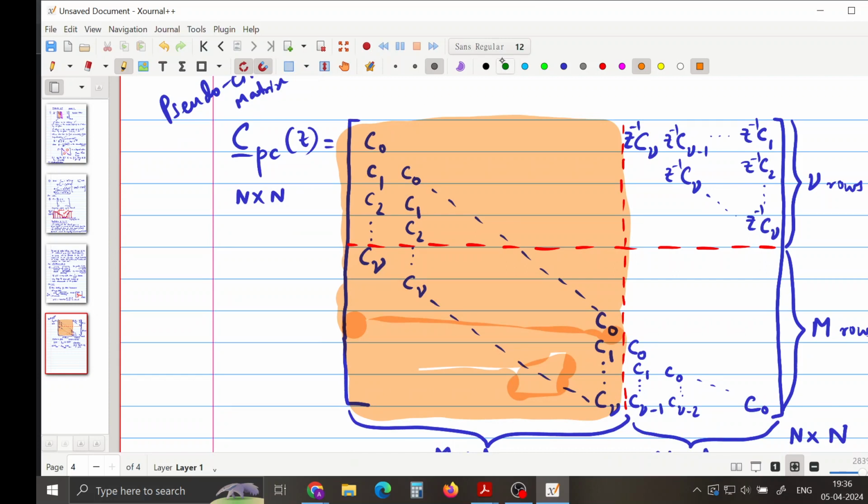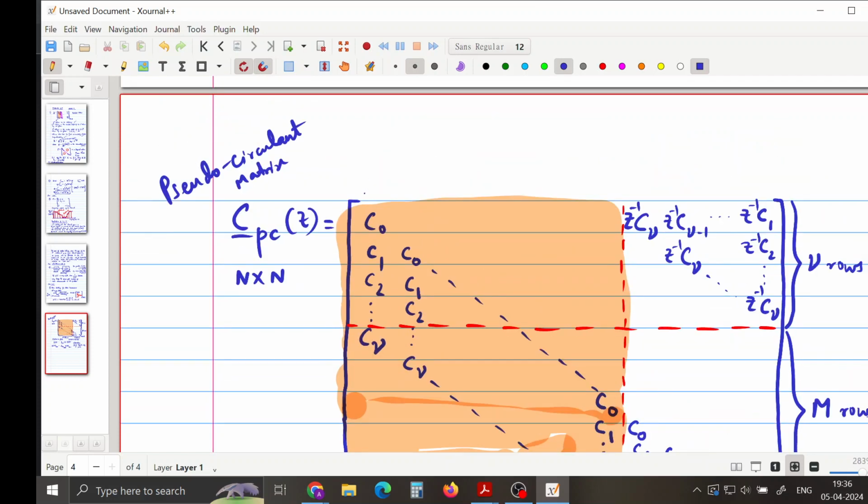This part is your C low matrix, which is an n cross m order matrix.